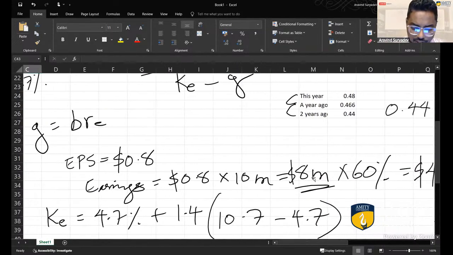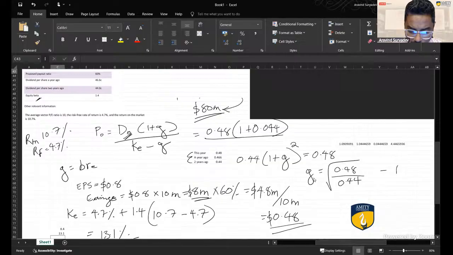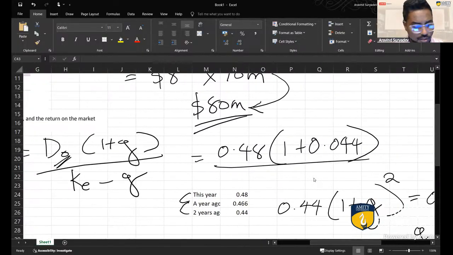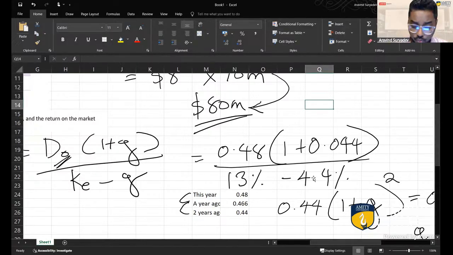Now we have everything to fill up the formula. You guys can see the formula right over here. 0.48 multiplied by 1.044, divided by the cost of equity, which is what we just calculated, 13%, minus the growth rate of 4.4%. Better to take everything as a decimal, guys. Let me try solving this and see what the price is.